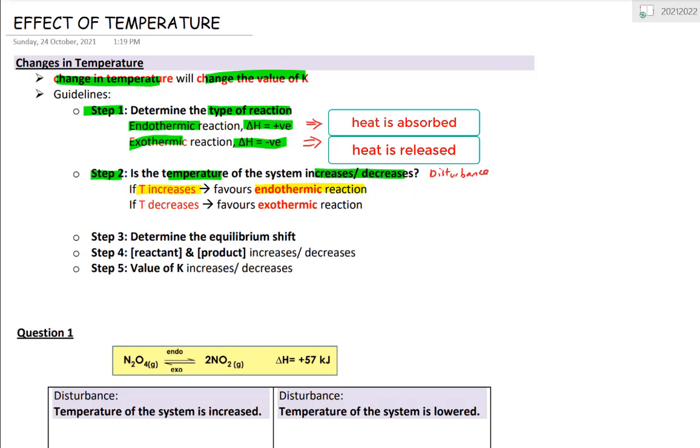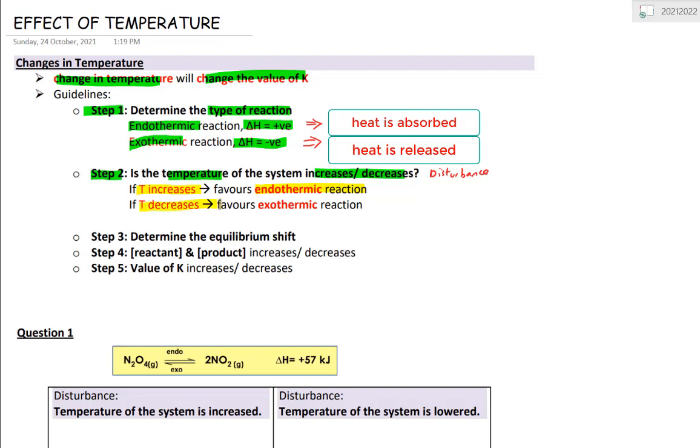Why? Remember that with Le Chatelier, when there is a disturbance, we want to reduce the effect. So if you increase the temperature, the system will want to lower the temperature. Therefore the extra heat will be absorbed, and the endothermic reaction is favored.